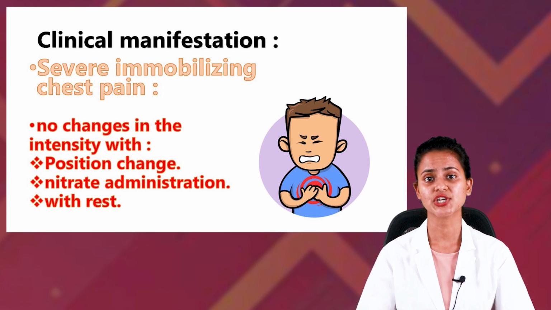In case of unstable angina or even stable angina, we have seen that position change, proper bed rest, removal of anxiety and stressful environment, and even nitrate administration would be helpful to manage the chest pain. But in case of myocardial infarction, the client will not tell us that the chest pain is resolved, even if the position is changed, even with the administration of nitroglycerin, even with proper rest.